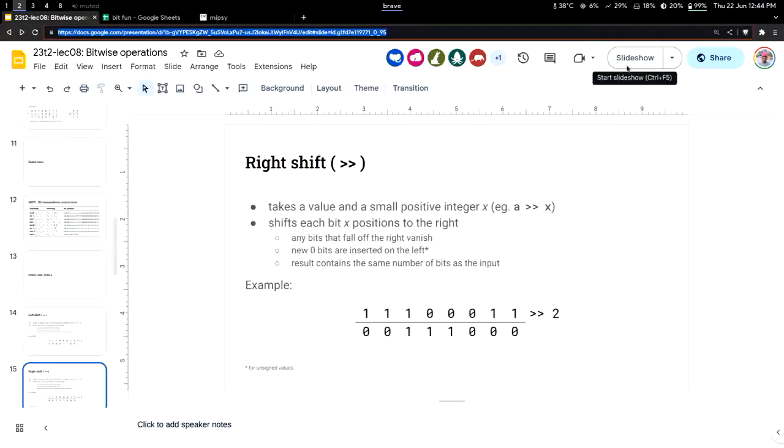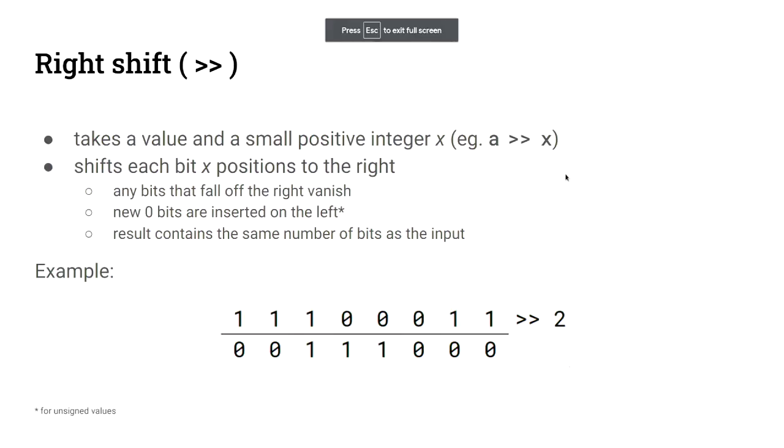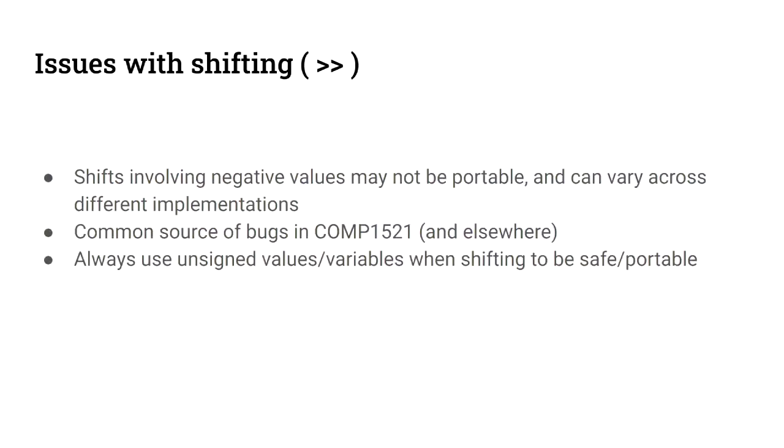So that's right shifting. Now, right shifting only really behaves as expected if you work with unsigned integers. So typically speaking, you should never right shift a signed integer, because that's undefined behavior. Different computers can do different things for signed representations.